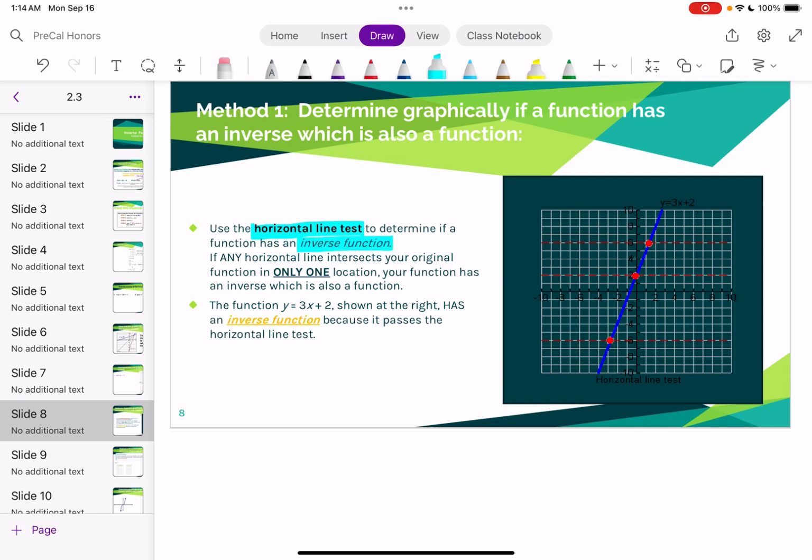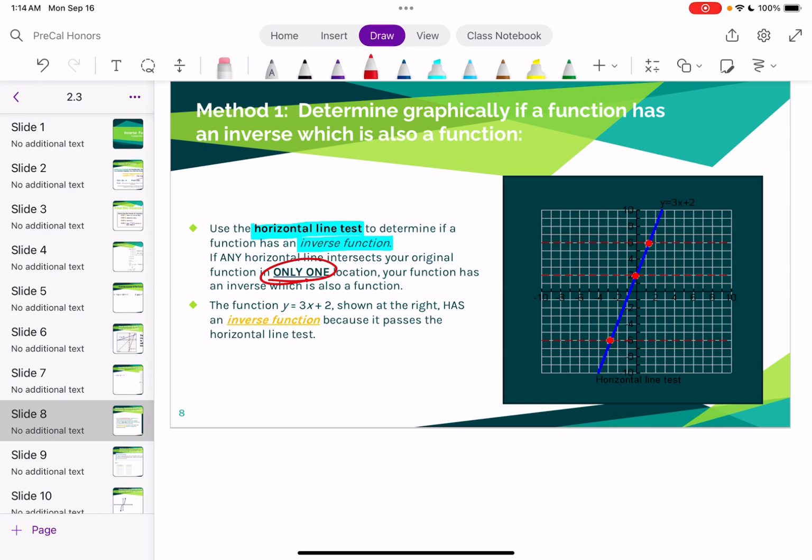Same rules apply. As you're drawing that line from left to right horizontally, it must only hit that line once. As long as it hits once, it is a function. If it hits twice, it is not.